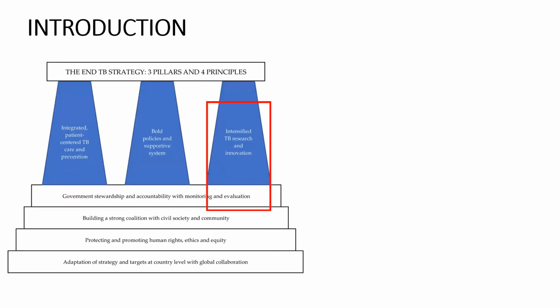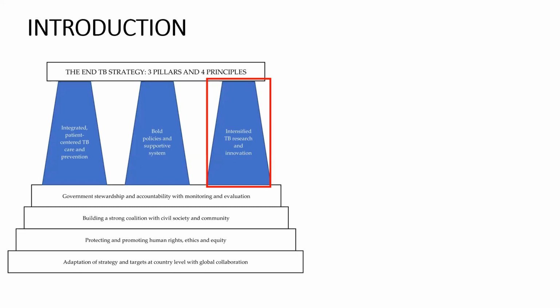Basically, it relied on intensified TB research and innovation, and the adaptation of strategy and targets at country level, with global collaboration.